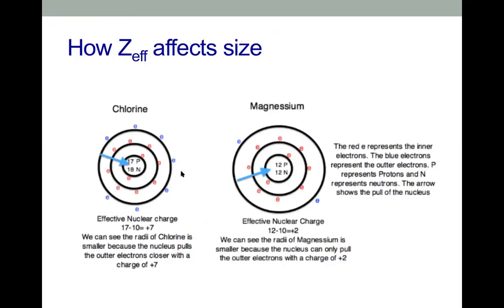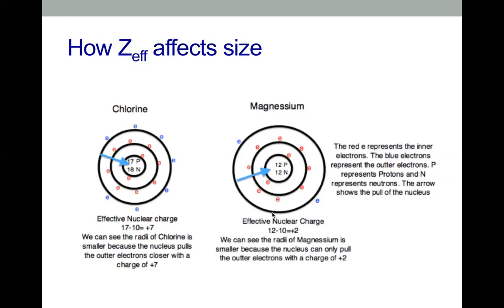So ZF, again, affects size. If you're looking at chlorine and magnesium here, it's a European spelling of magnesium, I guess. Chlorine, number 17, row 3, so it has 10 core electrons, giving it a +7 charge.